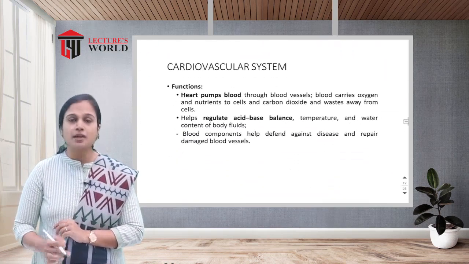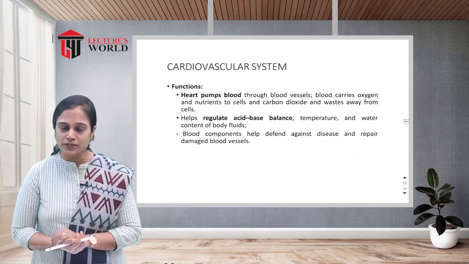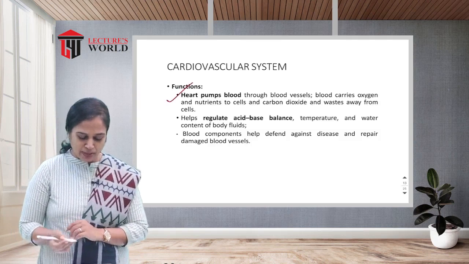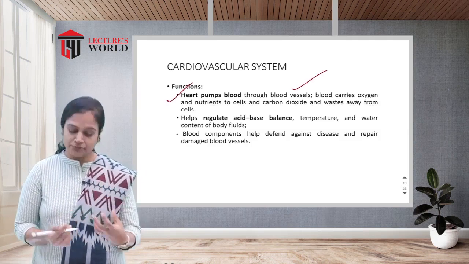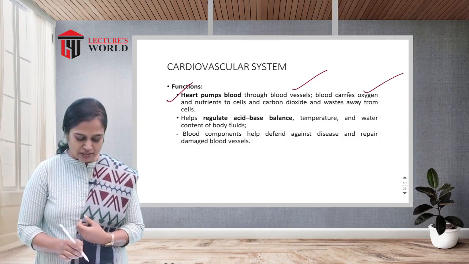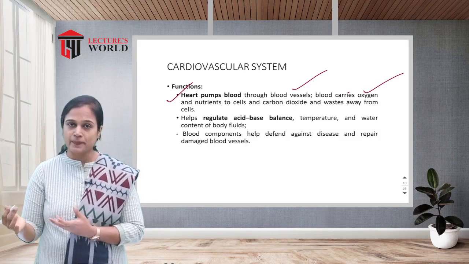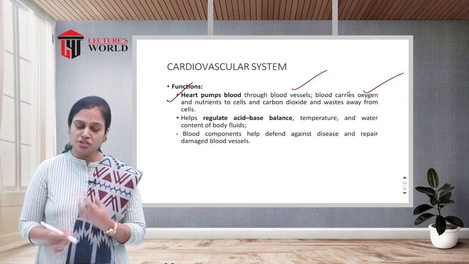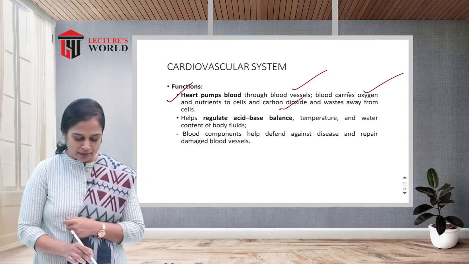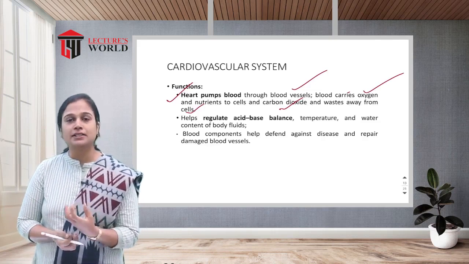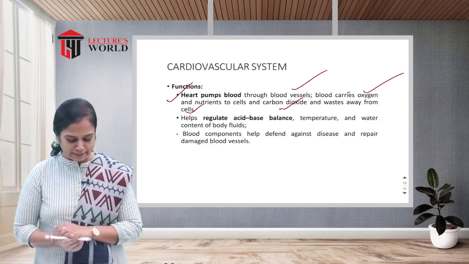Talking about the functions of the cardiovascular system, the heart pumps the blood through the blood vessels. Arteries carry oxygen and nutrients to the cells, and from the tissues carbon dioxide and waste products are carried towards the heart by the veins.